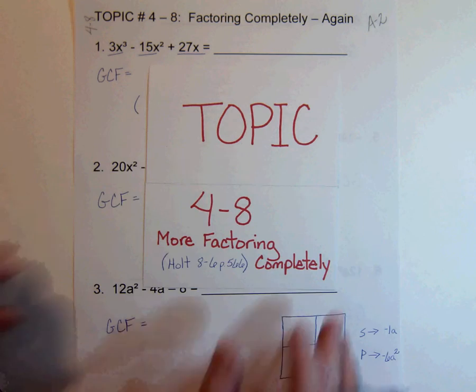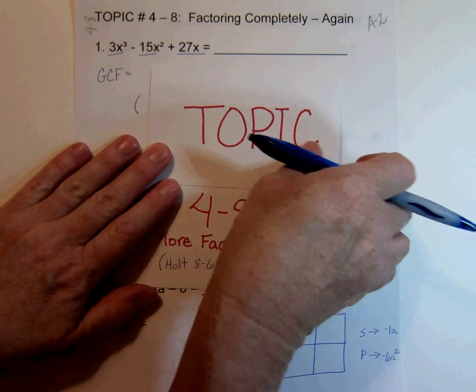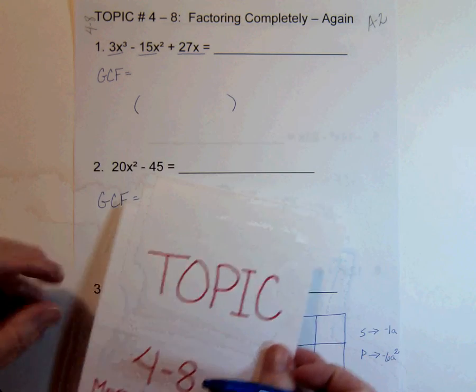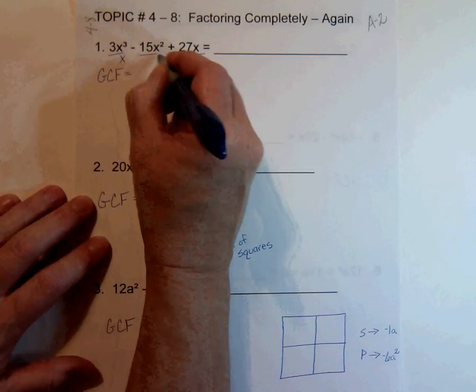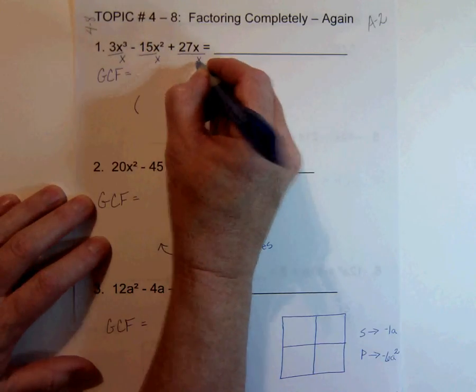So we're going to do more of trying to first find the greatest common factor. In each one of these, we'll look for a greatest common factor first. So again, I start with the variable. If there is a variable in every term, then we put it in a division bar underneath.